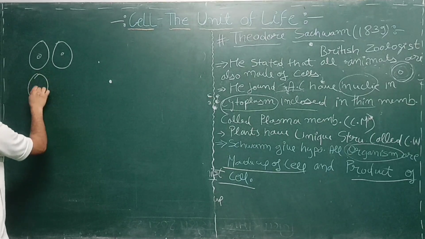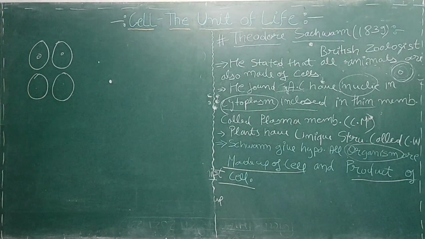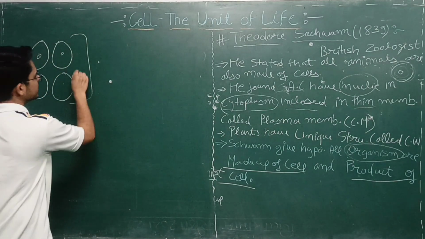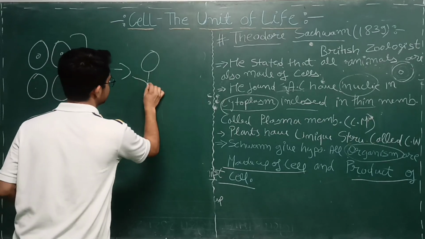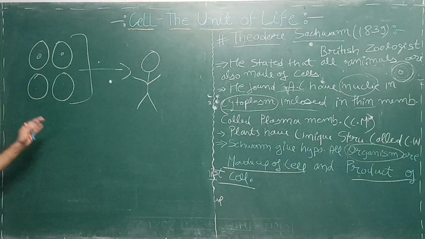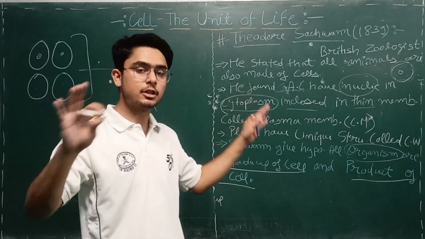This is one more cell, and then one more cell. And then a combination of thousands, billions of cells makes an organism. Let's say a human being. But as you know, only cells cannot make a complete organism.